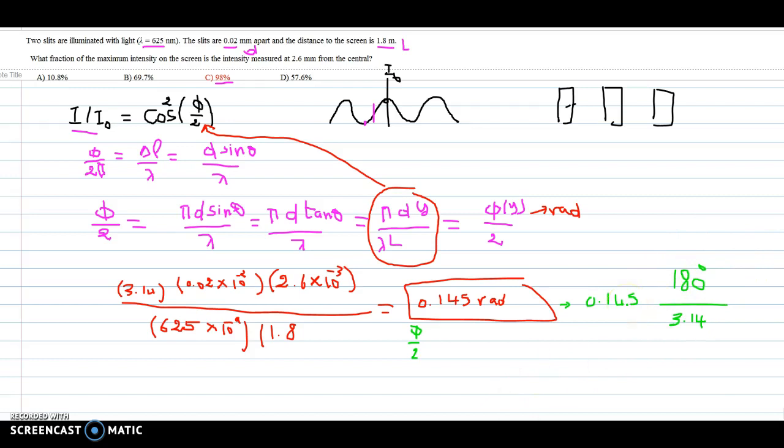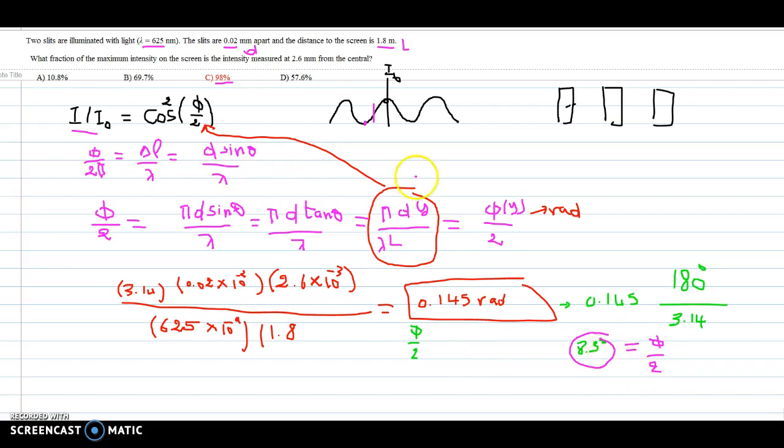So the degrees corresponding to this is 8.3 degrees. Let's use another color. So this is phi over 2 in degrees, which is 0.145 radians.